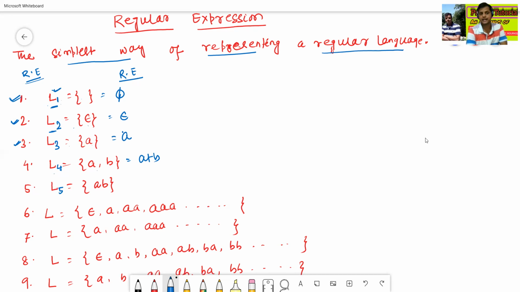See here, in language 4 there is a comma between a and b, but in language 5 there is no comma. So the regular expression of language 5 is ab. If any elements are separated by a comma, that means a plus b.